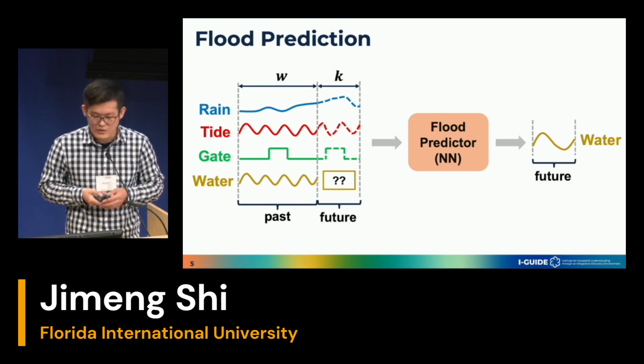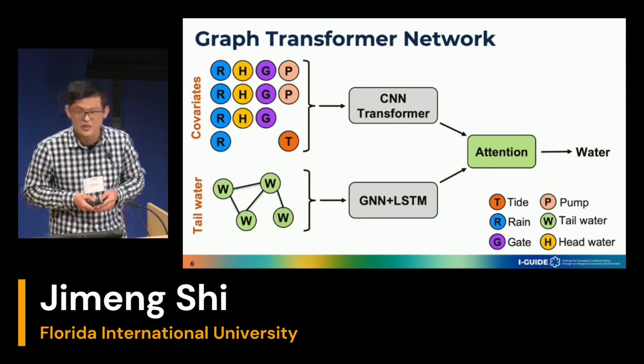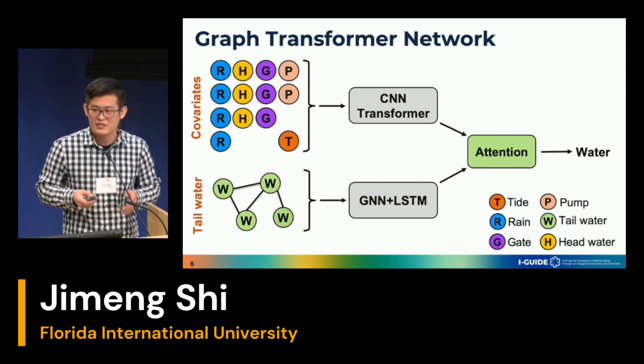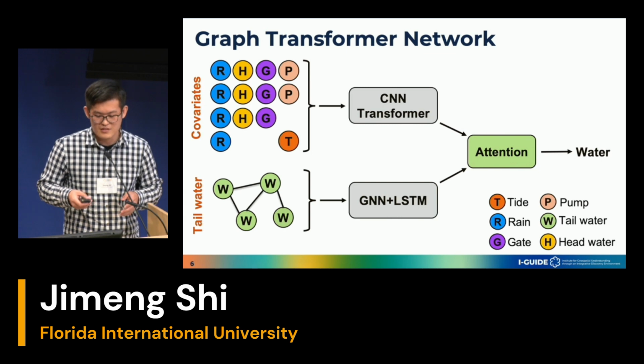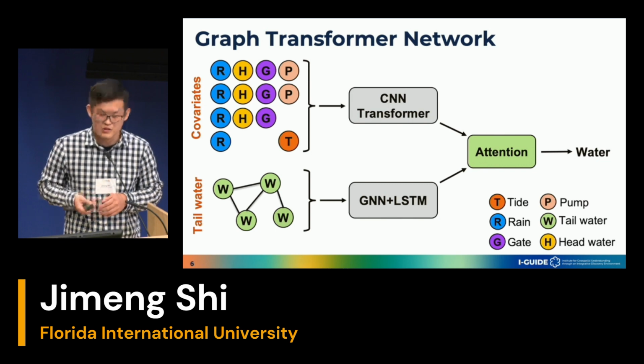The neural network we developed is the graph transformer network. Here, because of the time limit, I won't introduce much detail, but briefly speaking, we use different deep learning models. In the top line, we use a convolutional neural network and a transformer to learn the embedding information of all covariates.